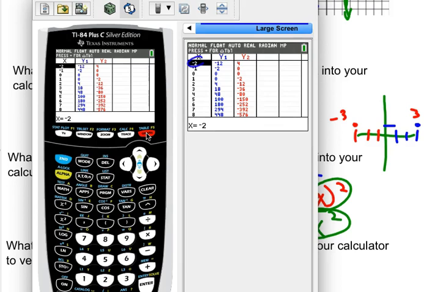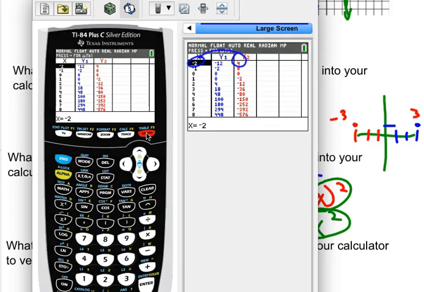So when I plug in -2, on this one I get 4. Here, when I plug in 2, I get 4. When I plug in opposite x's, I want to get the same y's. On the second one, when I plug in -1, I get 0. On the first one, when I plug in 1, I get 0. On the second one, when I plug in 7, I get -392.